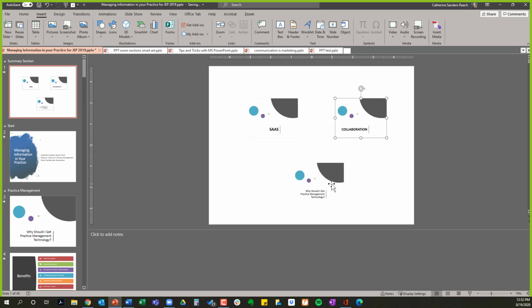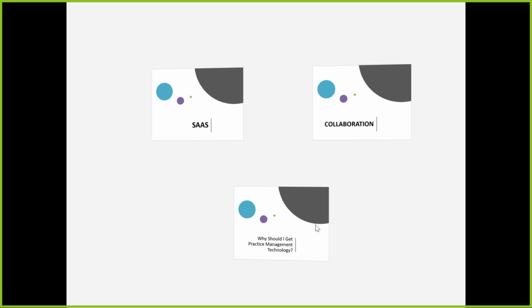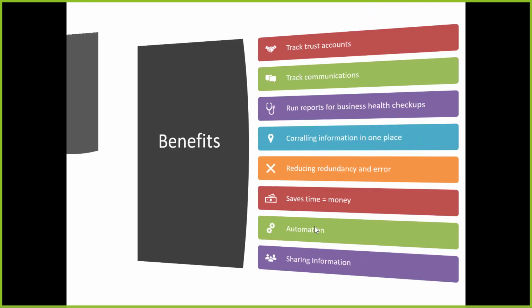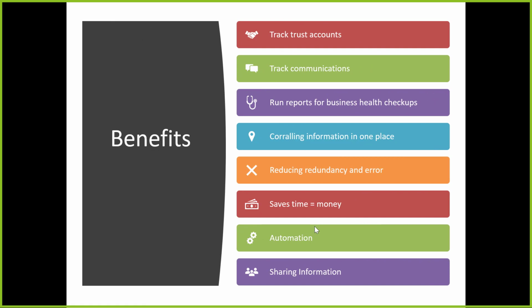And if you want to, you can select them all and change their shape and things like that. But I'm usually okay with this. And now we can go straight to a section. And then that will take us through all the slides in that particular section.